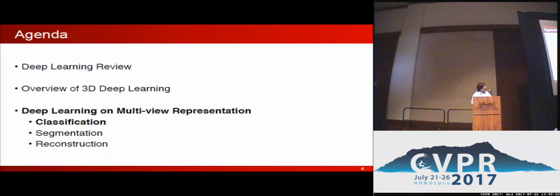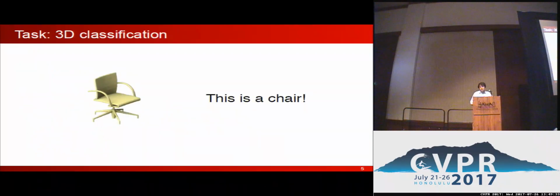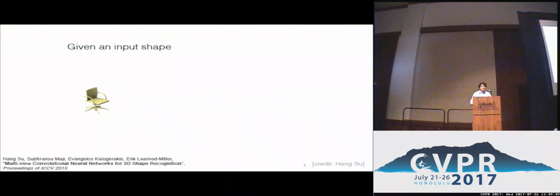So let me proceed by explaining the multi-view CNN architecture for classification. This is essentially the view-based CNN 1.0. The goal here is to perform a classification given an input geometric representation like the chair that you see here. We want to recognize that it's actually a chair, to infer from all possible candidate classes that this is the most likely chair based on the input geometric representation.